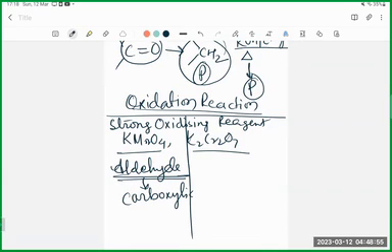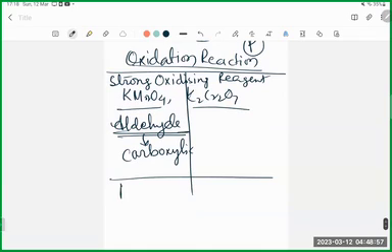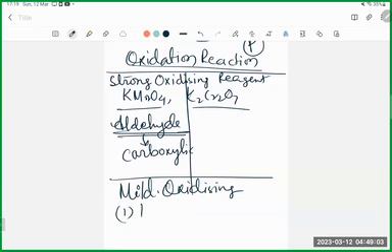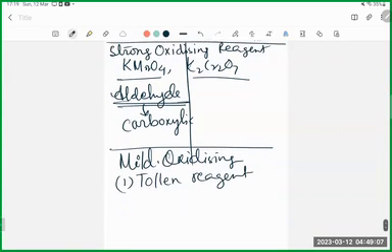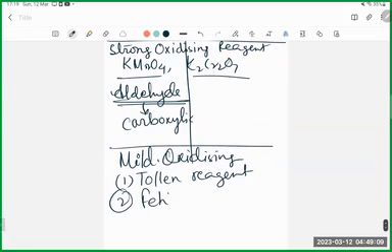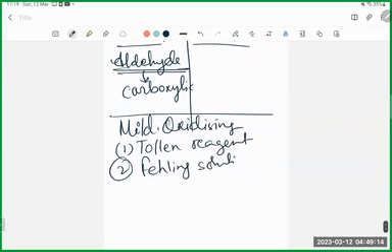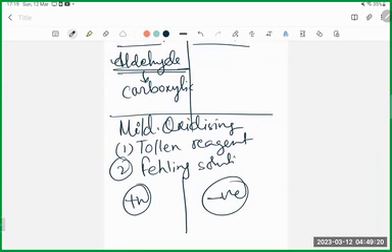Even with a mild oxidizing reagent, look at over here, with mild oxidizing reagents you can use Tollens reagent. Okay, you might have done all these reactions, no? The Fehling solution reaction in a viva. So the result is positive with the aldehyde, but negative with the ketone. Ketone does not show this reaction. Is it clear, Hridaya?